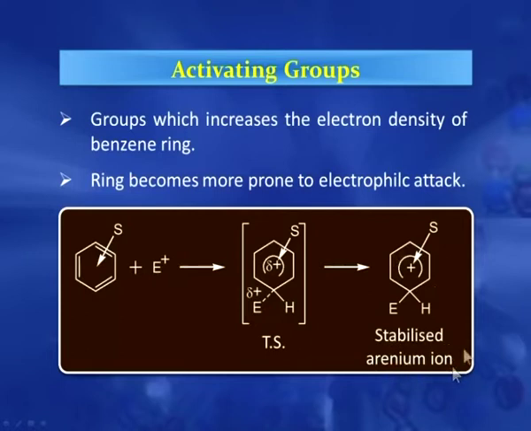If this S is an electron donating group, it decreases this positive charge. That means it stabilizes this arenium ion, and due to this stability of the arenium ion, the E activation decreases and the rate of reaction increases.